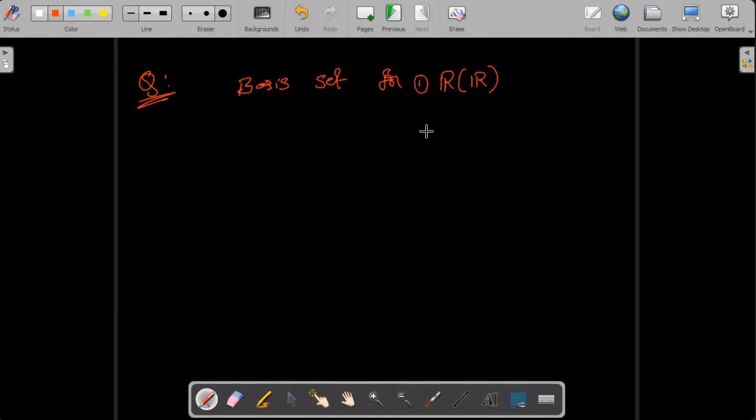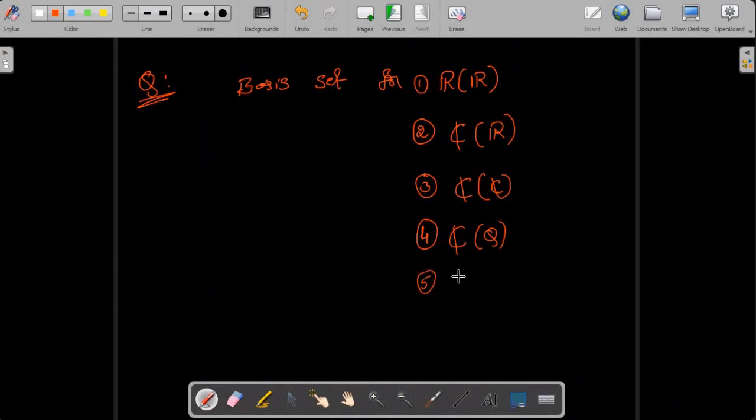First one is R over R, and the second one is C over R, and the third one is C over C, and the fourth one is C over Q, and the fifth is R over Q, and similarly the sixth one is Q over Q. Now try to think what can be the basis set for each vector space given here.